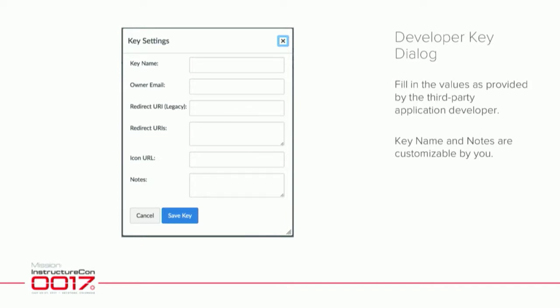For the most part, you're just going to be filling in whatever that third-party app provider gives you to fill in here. But the name field and the notes field are for your own records. Those are really important if you want to keep track of who created that developer key and why, and maybe there's an expiration on it that you want to delete it later, something like that.